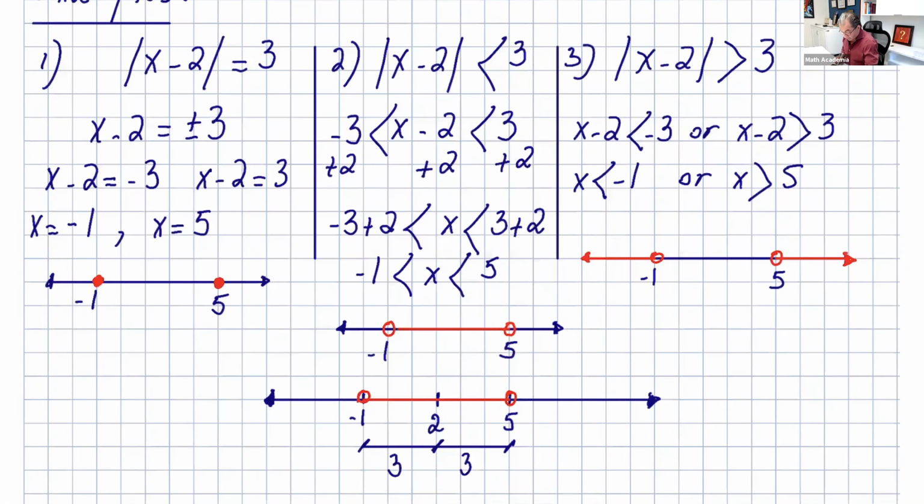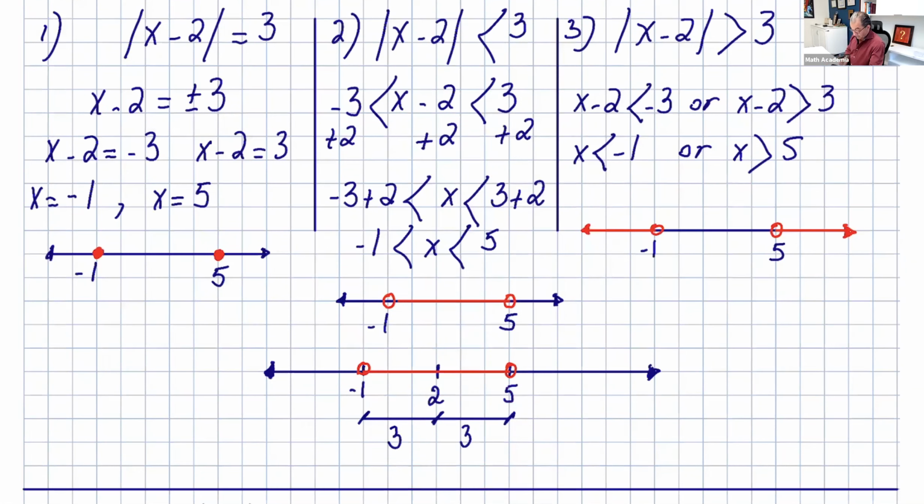The next thing I want you to notice: if I do a number line here, we know we have the solution here. However, 2 is that number. If I move 3 to the right of 2 and 3 to the left of 2, that's still where the solution is.